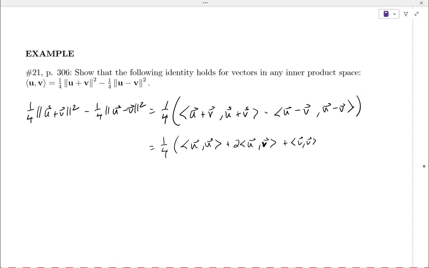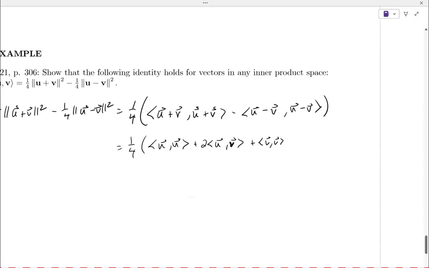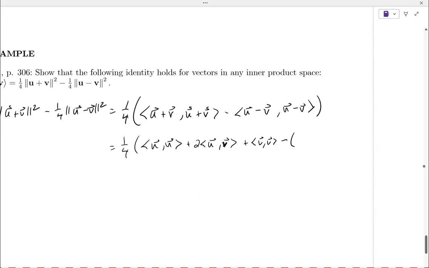Then we get a VV. What's the only thing that's going to change in the second one? Yeah, the sign in the middle is going to change, right? So in this one, we'll have a minus UU minus 2 UV plus VV.